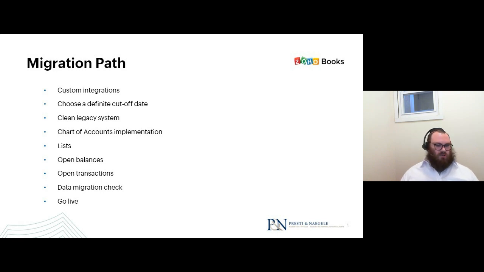The next thing is the chart of accounts implementation and revamp in terms of changing the way that you track expenses, your income, anything on the balance sheet. Your list data, which is customers, vendors, items, as well as terms. And then you have your opening balances, open transactions, data migration check, which is the reconciliation, and then go live.